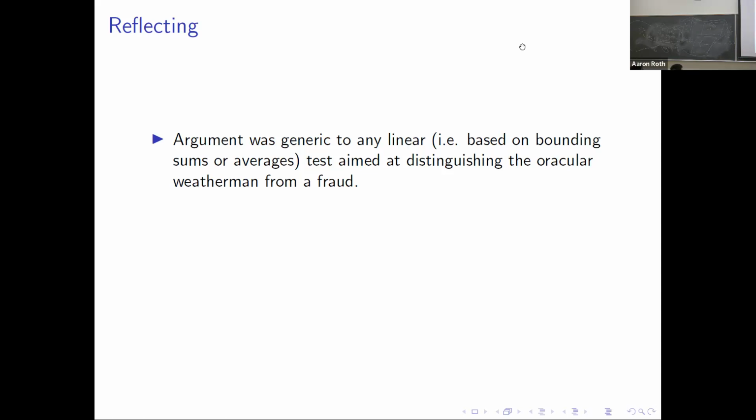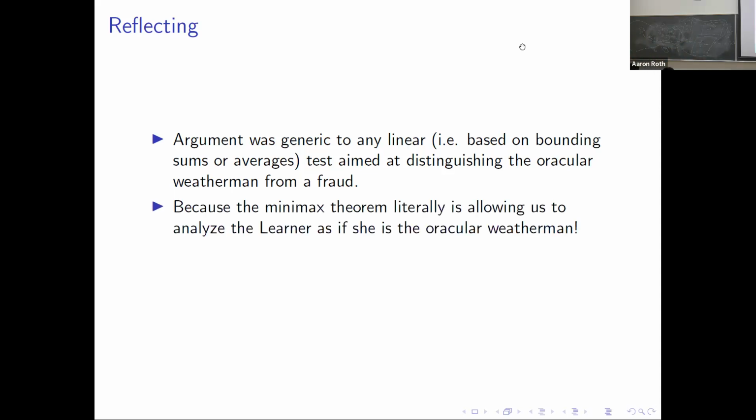And so it means that any such test that the oracular weatherman could pass, we too could pass, but without any knowledge of meteorology. And any such test that the oracular weatherman would fail is not an interesting test to determine whether or not we know anything about meteorology. Okay, and it's because of the structure of the argument. The min-max theorem is allowing us to analyze the learner as if she is the oracular weatherman.